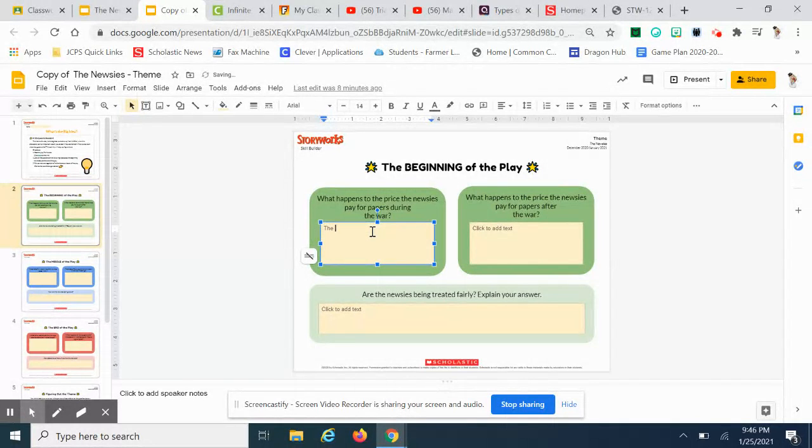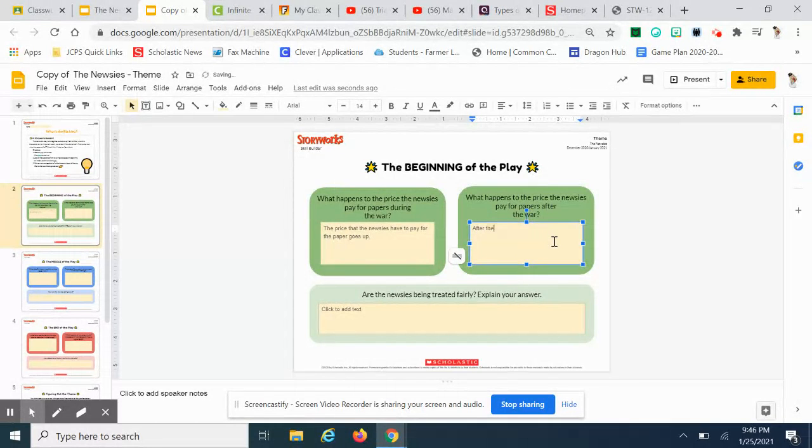We're going to say the price the Newsies have to pay for the paper goes up or increases.